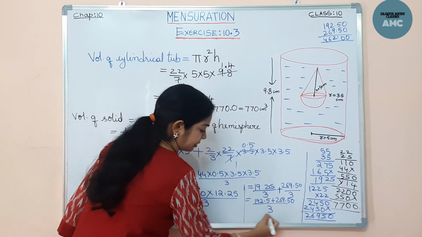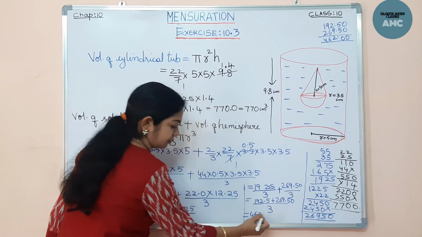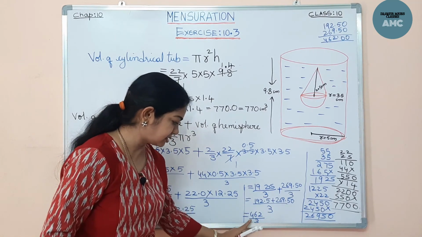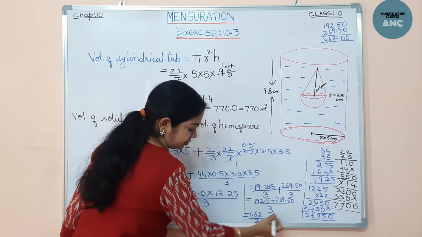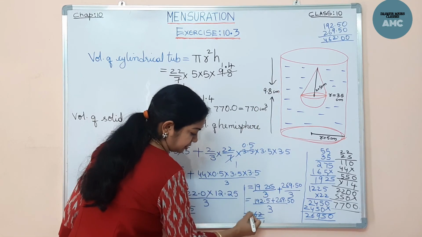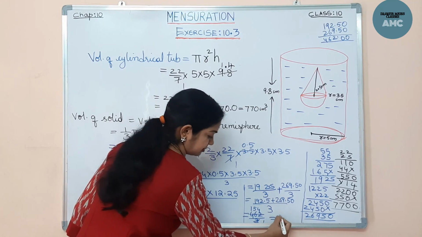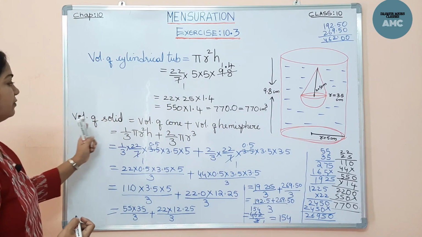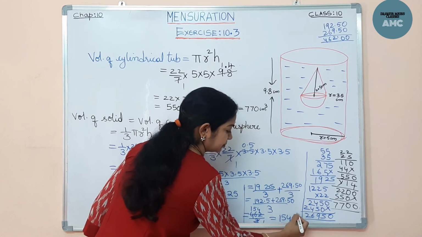So we can eliminate here, 462 by 3. Now will this be cancelled with 3 or not, let's check. The sum of the digits, 10 plus 2, 12, so this goes with 3. After the point, zeros I have eliminated. 3 1s, 3 1s, 3 5s are 15, 3 4s are 12. So this is simply 154 here. Now this is the volume of the solid, so that is centimeter cube.